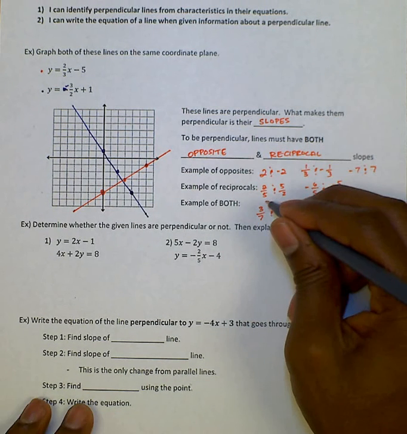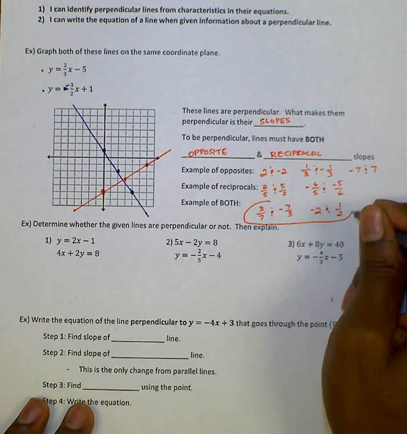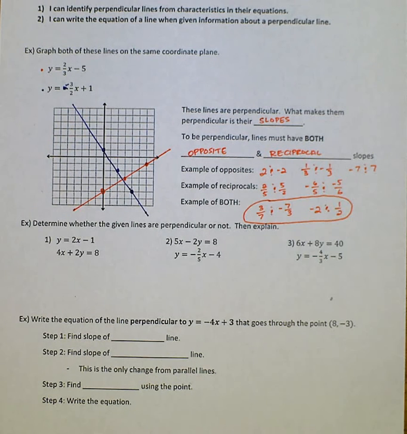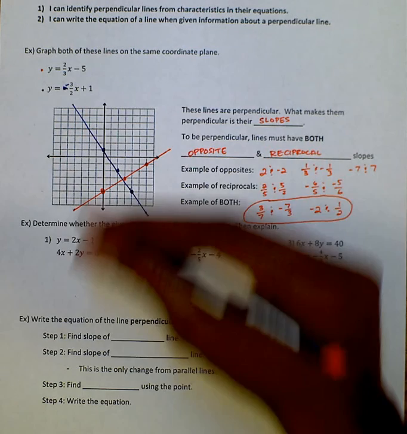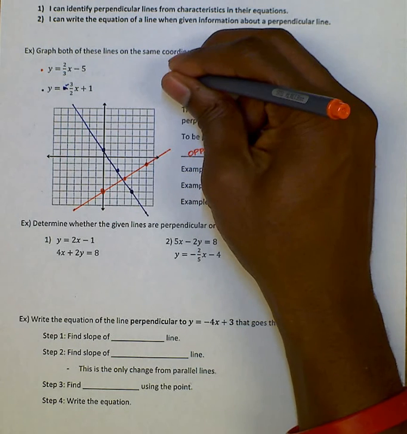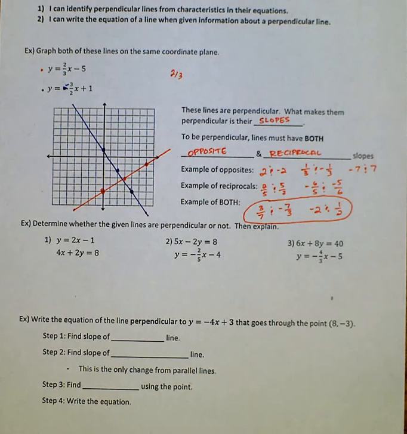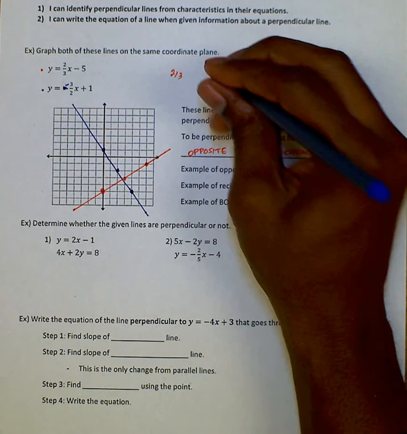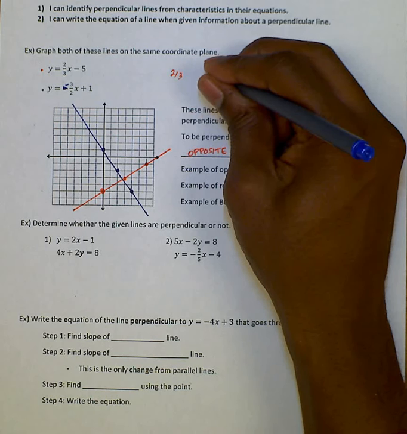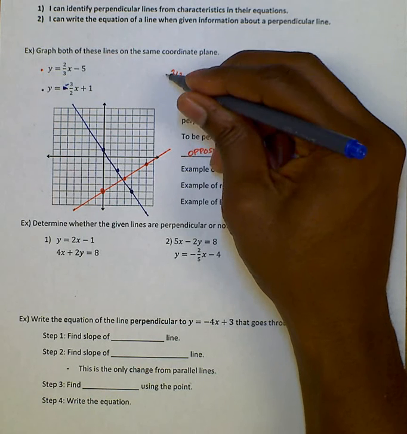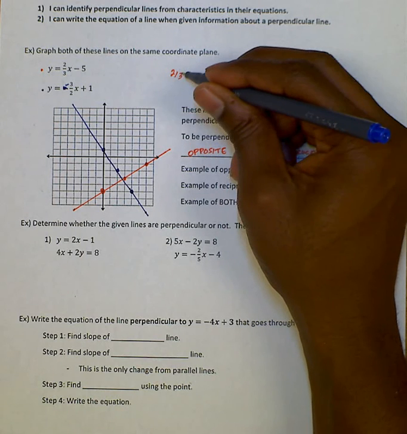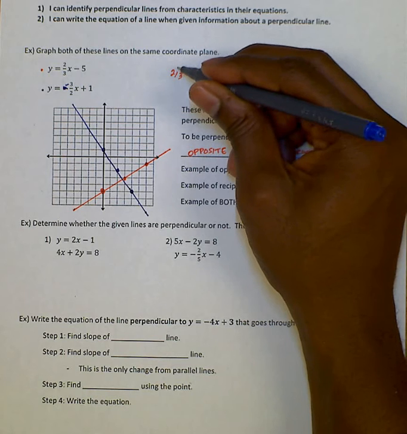We need opposite and reciprocal slopes in order for lines to be perpendicular. Notice that that's what we have here. The slope of our first line is 2/3. The slope of our next line is -3/2. These are opposites in the sense that one's positive and one's negative, and reciprocals because the numerators and the denominators are flopped.